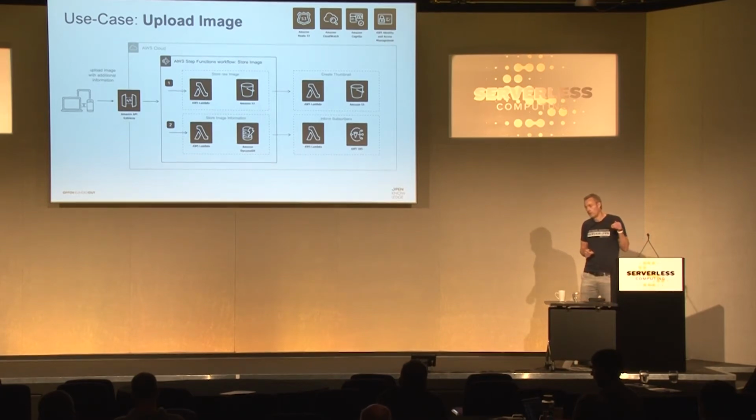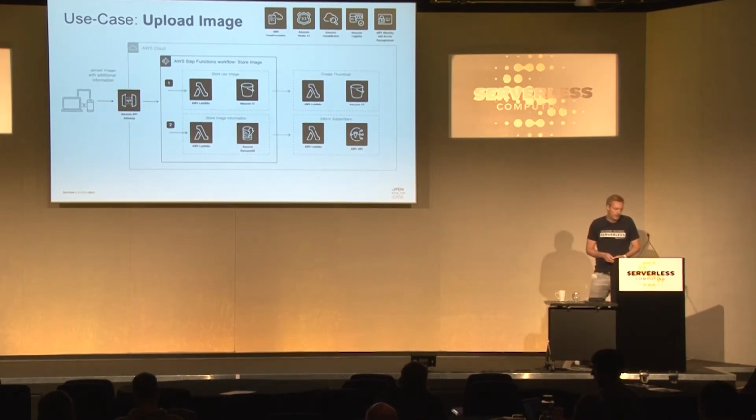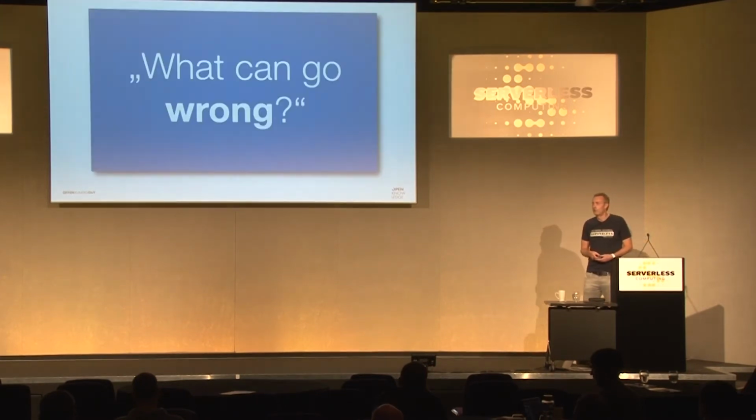So depending on the route we are coming in to the gateway, we go to the first or to the second stage. And then we have several components more. And so the question is, what do we have to test? What can go wrong?